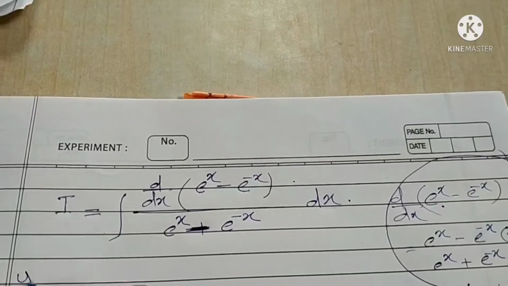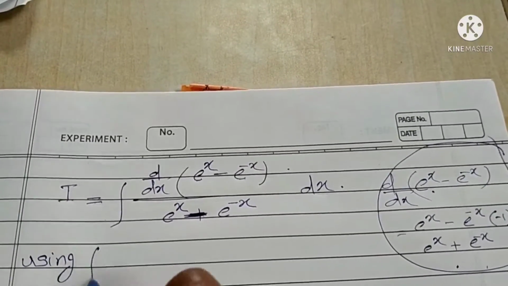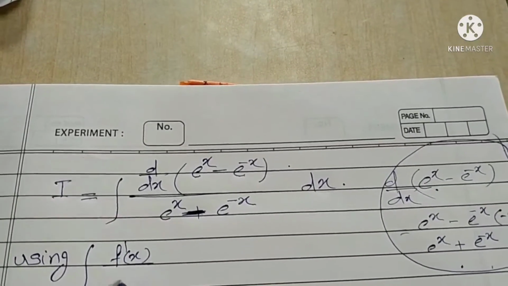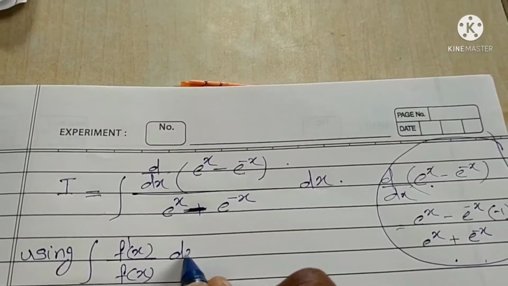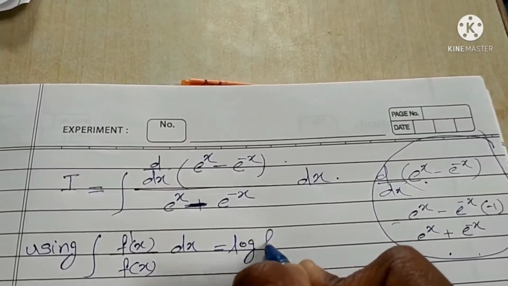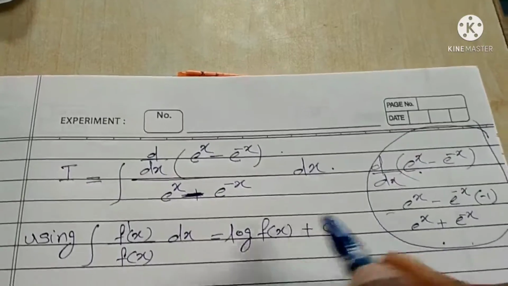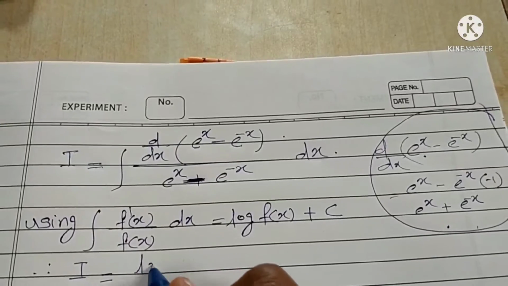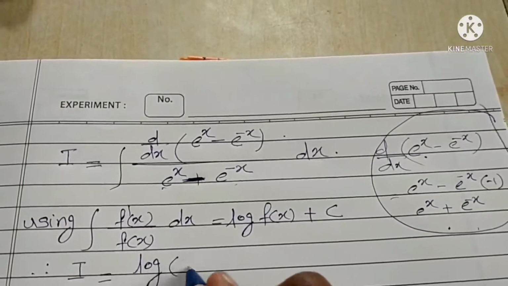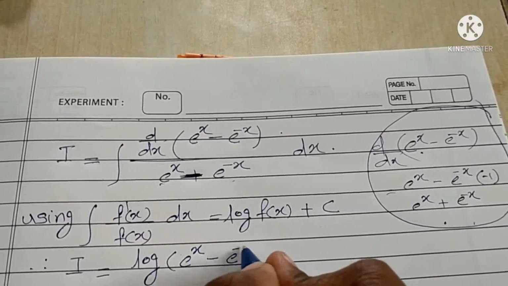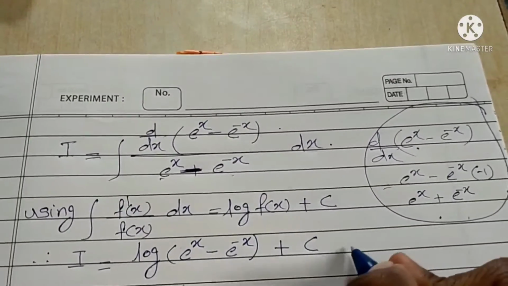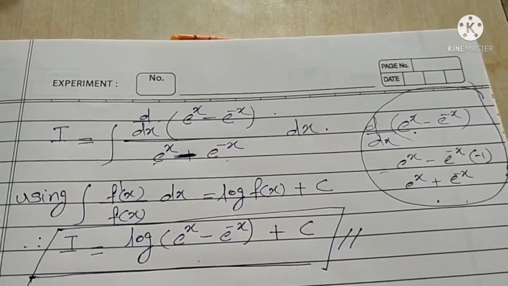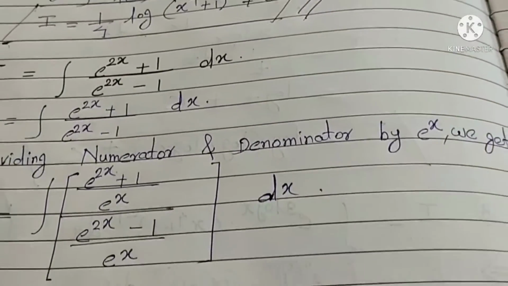So using our formula, integration of f dash of x upon f x dx, which is equal to log of f of x plus c. So therefore I is equal to log of f of x, so this is over f of x, e raised to x minus e raised to minus x plus c. So this is our answer. Observe the example.